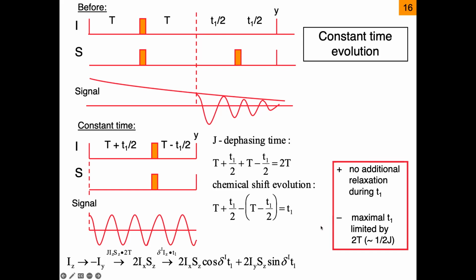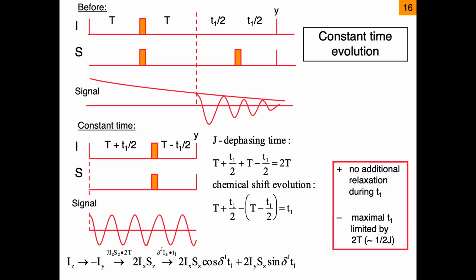And why actually, looking at these product operators, why does this all work? Because the J coupling Hamiltonian and the Zeeman Hamiltonian that does the chemical shift evolution, they are all Z operators, and they commute with each other.